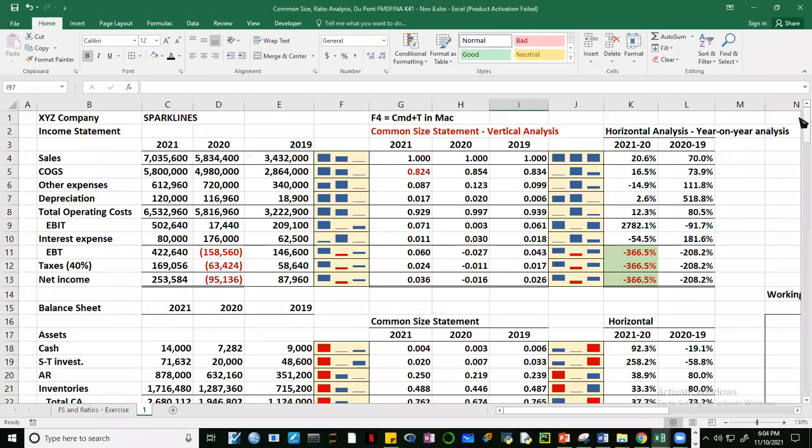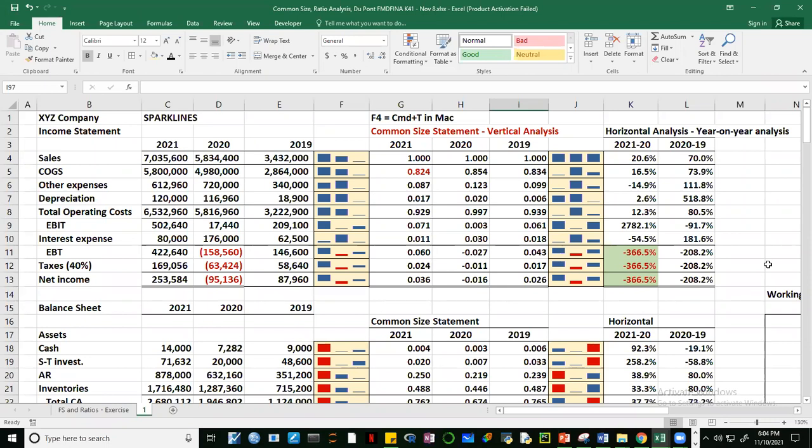So by way of review, guys, we said that the reason why we do financial statements analysis is because we want to use whatever inference we get here, whatever insights we get here, to be used for decision making. That's the bottom line. We do not compute ratios.